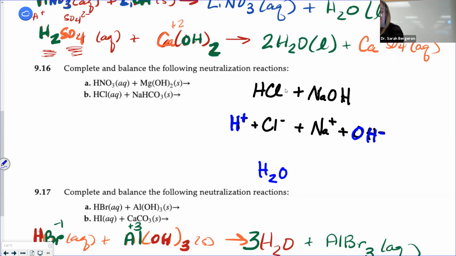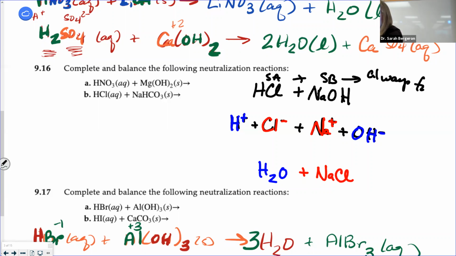Water. Look at what's left. Cl minus and Na plus. What is that? Salt. If you have a strong acid and a strong base, that's what HCl and NaOH are. These are both strong acid, strong base. They are going to react together always. A strong acid plus a strong base always forms a salt and water.